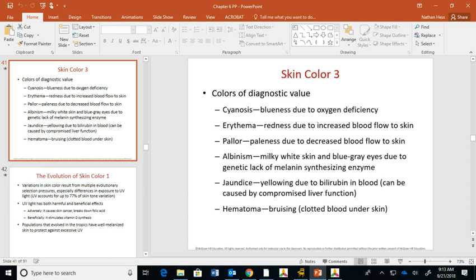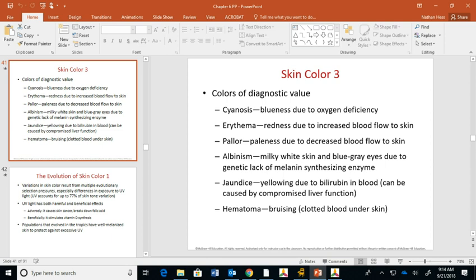Your skin color is not only about your resting state. It also helps physicians to diagnose things. We can actually see problems based upon the colors that you are. If you turn blue, we call that cyanosis. We're not talking about blue like your shirt, right?